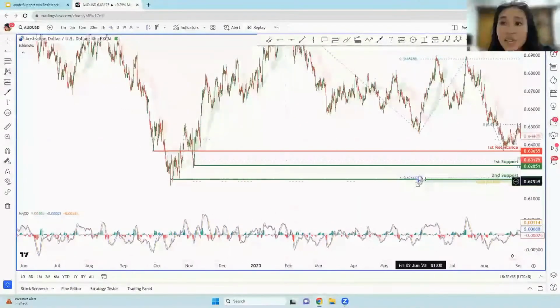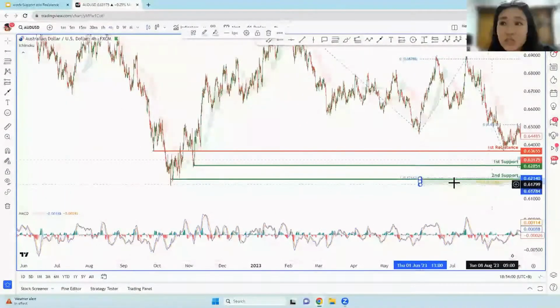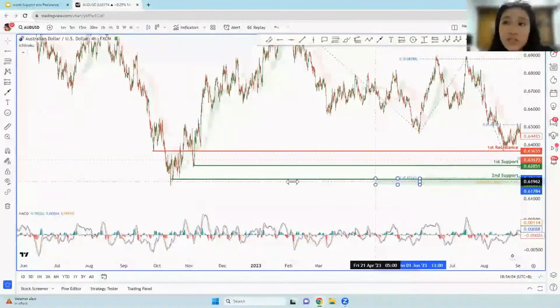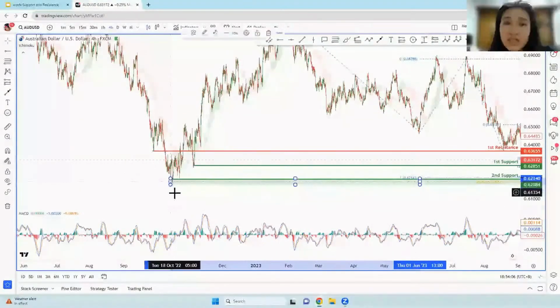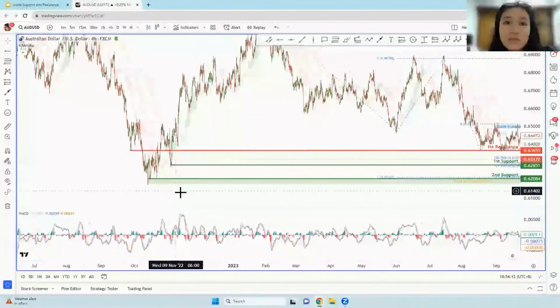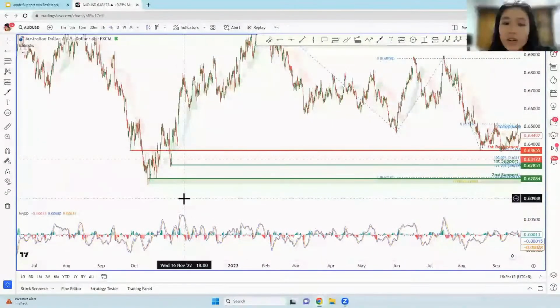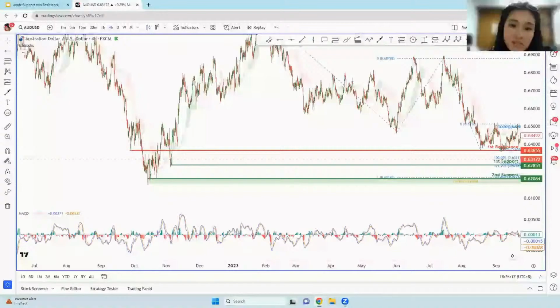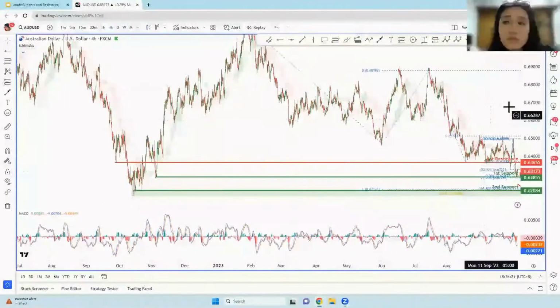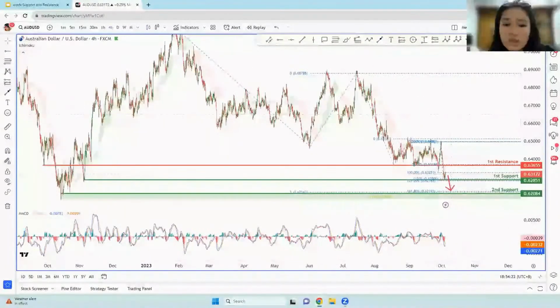I actually highlighted this area here because of my Fibonacci levels that line up nicely. So for these support and resistance areas, I am expecting them to be areas more than levels. So it doesn't really matter for support and resistance levels. I hope that answers your question.